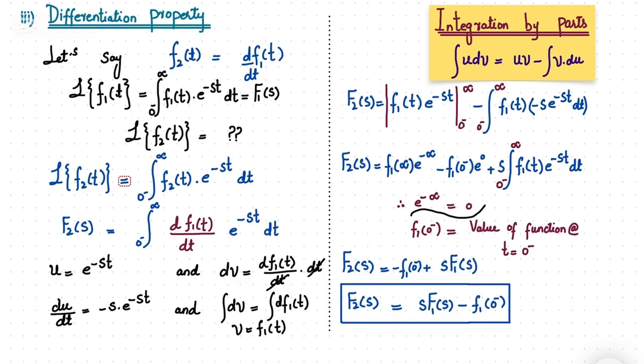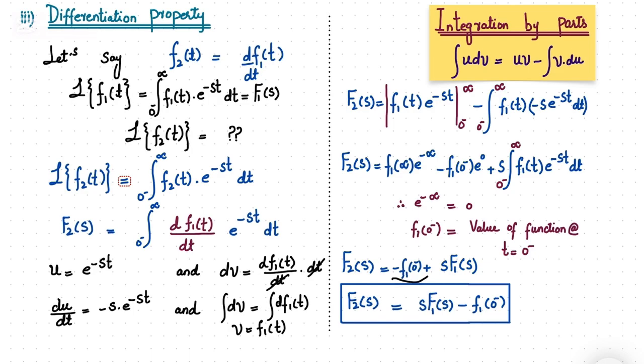Therefore, substituting the upper limit results in 0. What about the lower limit? When we substitute the lower limit, this one reduces to f1 of 0 minus into e raised to power 0. E raised to power 0, we know that this is 1. So this basically reduces to minus f1 of 0 minus.